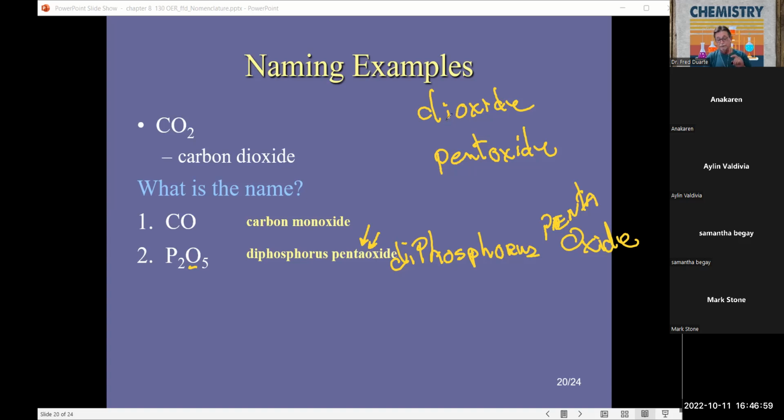So it'd be doxide, but we call it dioxide. So point being, if you forget to drop the A, not a problem. I'm not going to take any points at all. So with or without the letter of the prefix is fine.